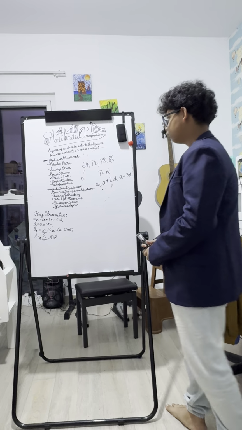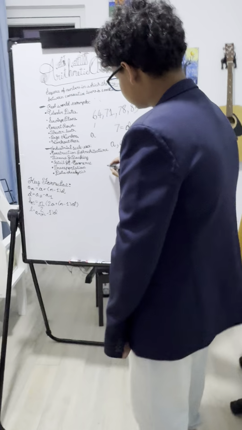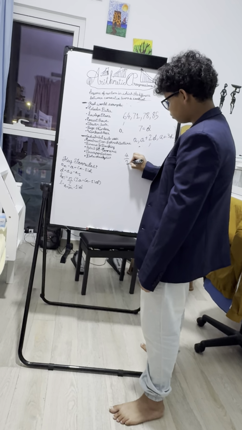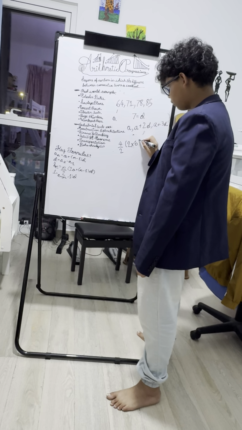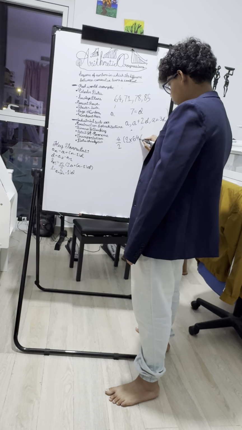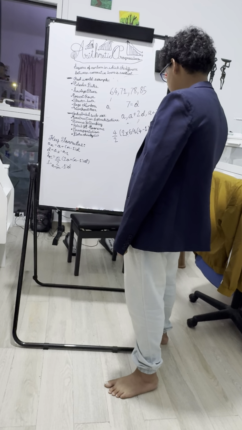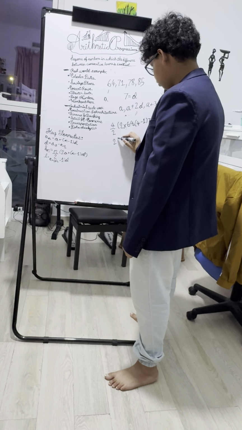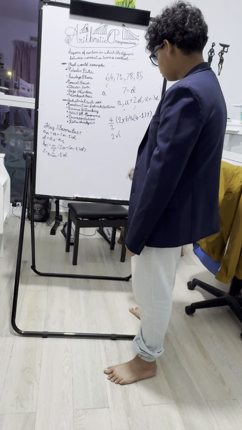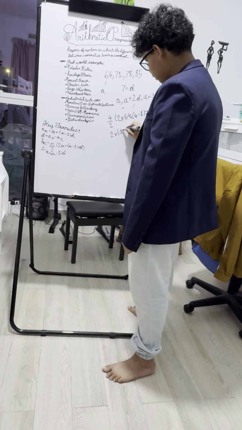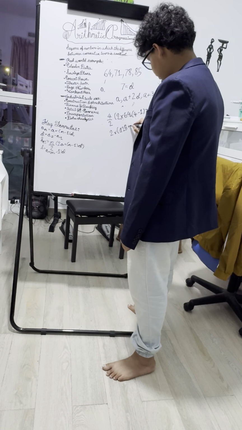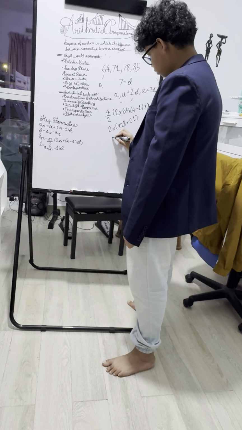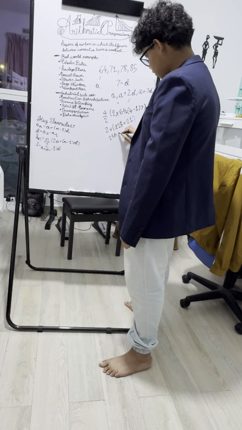So n is equal to 4, so 4 by 2 into 2 into 64 plus 4 minus 1 into 7. Now we get 2 into 128 plus 21.